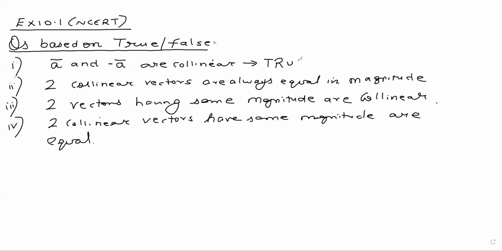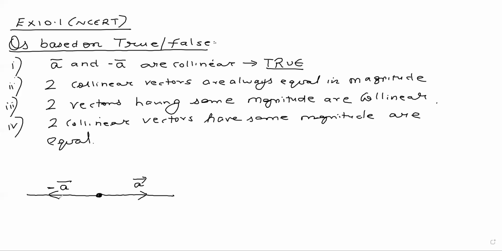Because both these vectors have the same magnitude but opposite direction, so they will lie on the same line. For example, suppose this is vector A. Then vector minus A, with this as the initial point, will be in this direction. You can clearly see that they are collinear because they lie on the same line. So it's a true statement.